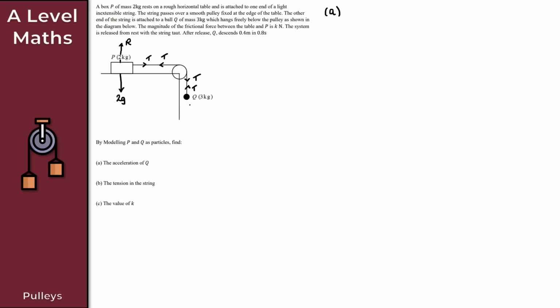We've also got the weight of the particle Q. Q has a mass of 3 kilograms, so the weight is 3g. We've got the acceleration, so in this case it's going to accelerate vertically downwards, that's for the particle Q. And then finally, the only thing that we're missing is the frictional force between the table and the particle P, which, as we're told, is K newtons.